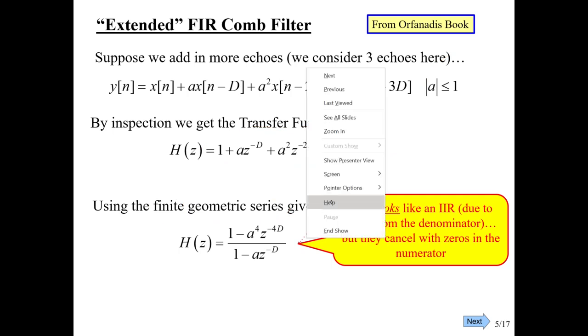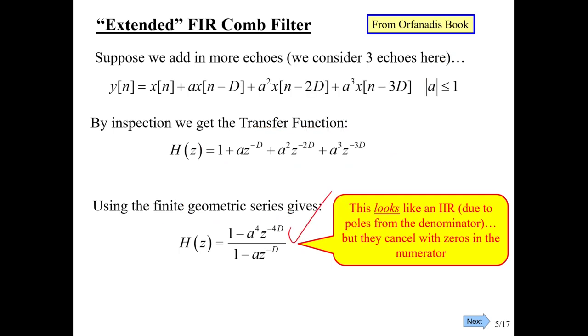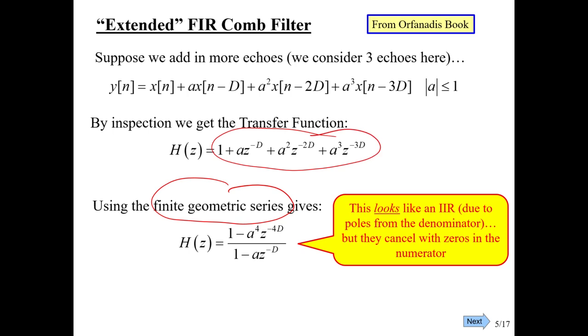And we get something that looks like this here. In just a little while, we'll apply the geometric series for the case where this goes on and on infinitely. And in that case, there's only certain conditions where you can apply that nice formula for the geometric series. But if we apply the finite geometric series, we can rewrite this clearly FIR transfer function in this form.